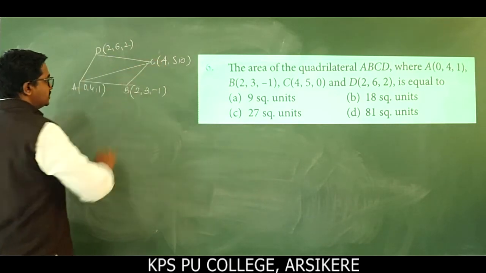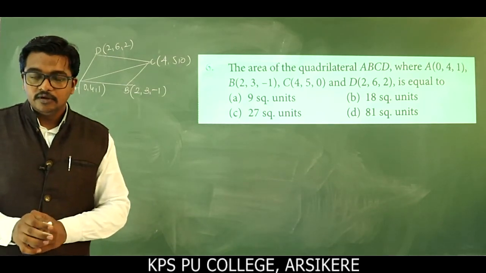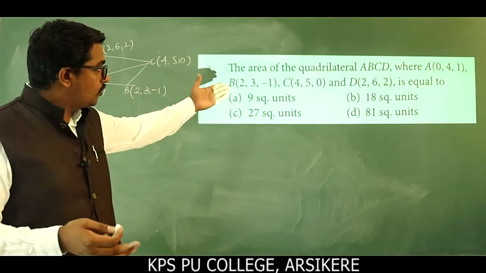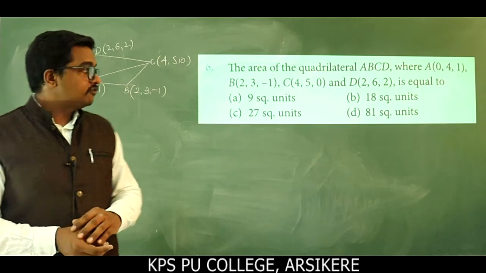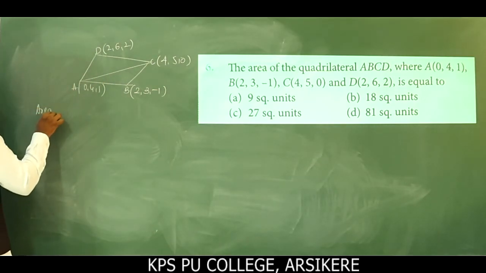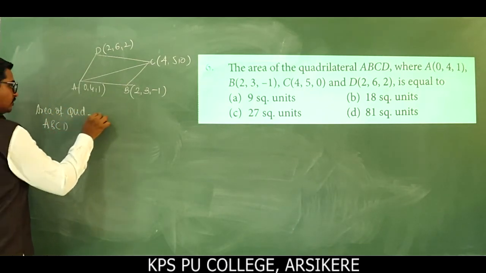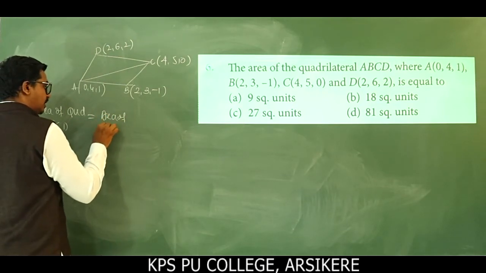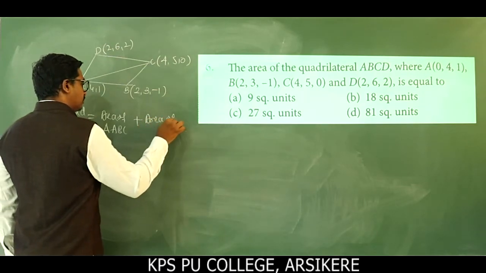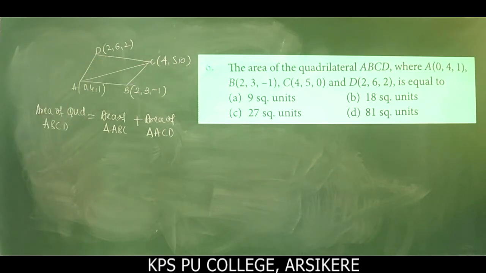If I join A and C, the rest becomes 2 triangles, right? The sum of the areas of the triangles is equal to the area of the required quadrilateral. Therefore, area of quadrilateral ABCD is equal to area of triangle ABC plus area of triangle ACD.